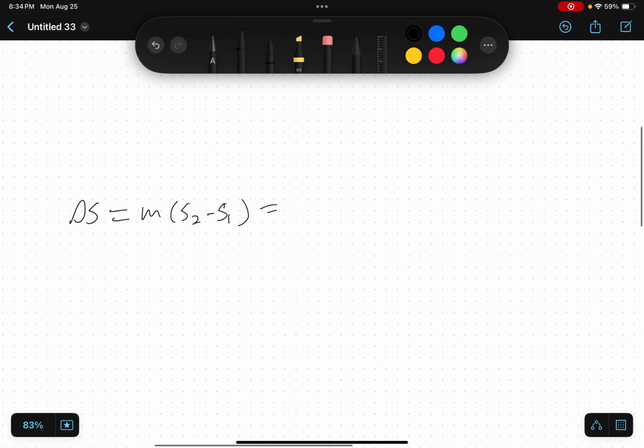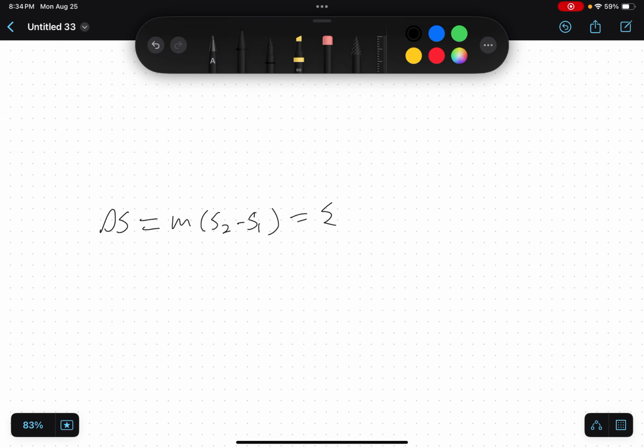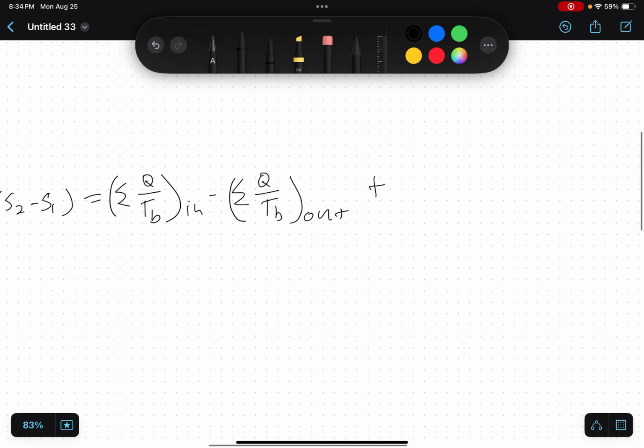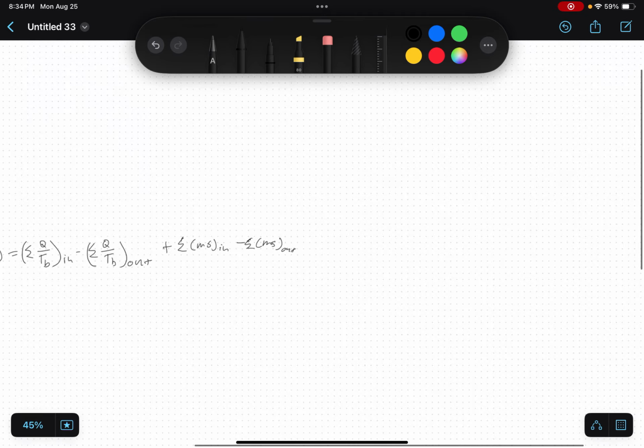And that equals the sum of Q over TB into the system minus the sum of Q over TB out of the system plus the sum of mS into the system minus the sum of mS out of the system plus Sgen.